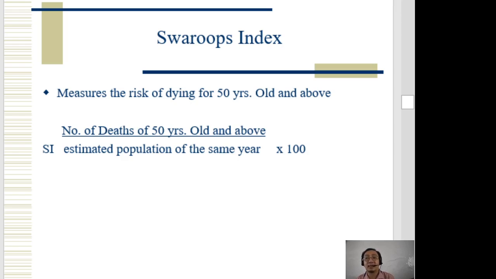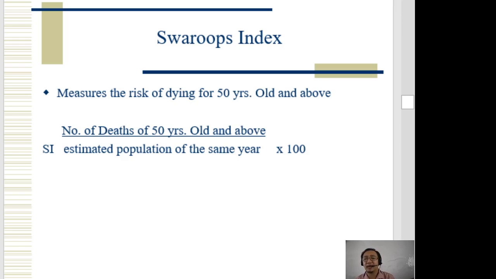It's directly related to the health status, meaning if you have a high Swaroop's index, you have a very good health status in the community. Meaning, persons dying in that community are usually 50 years old and above, 60 years old and above. There are only minimal cases of people dying below 50 years old, or even below 60 years old.